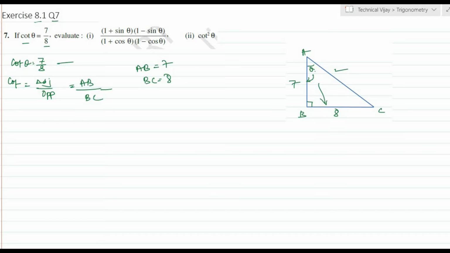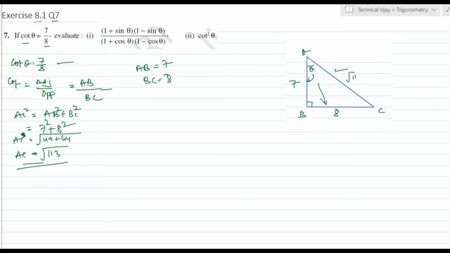Now we find AC square, which is equal to AB square plus BC square, that is 7 square plus 8 square. So AC square is equal to 49 plus 64, which is 113. So AC is the square root of 113 units.